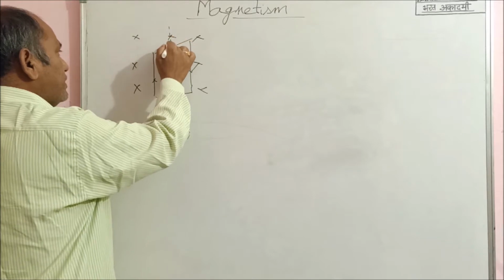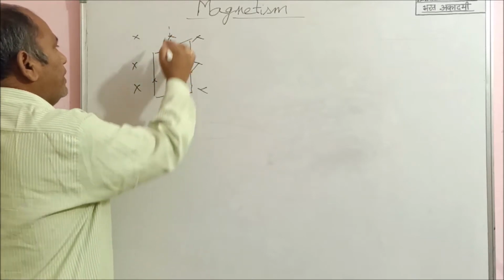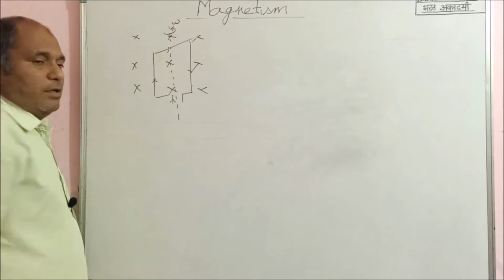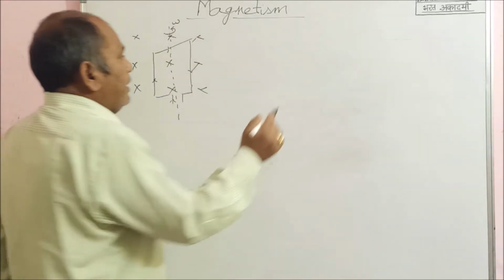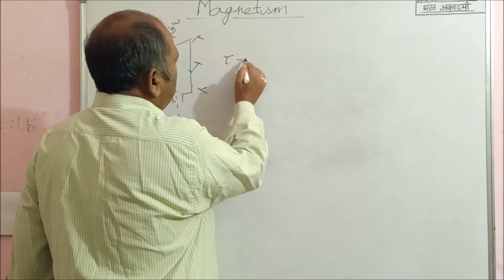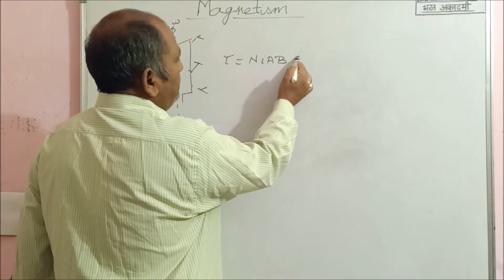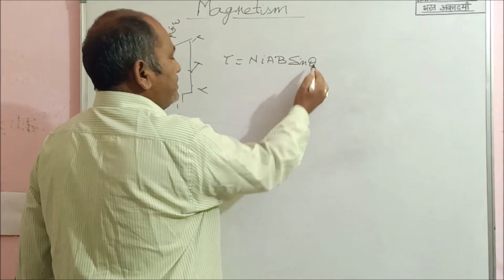It experiences a torque, and due to that it starts rotating about an axis with an angular velocity omega, right? And that torque comes out to be NIA B sine theta, right?